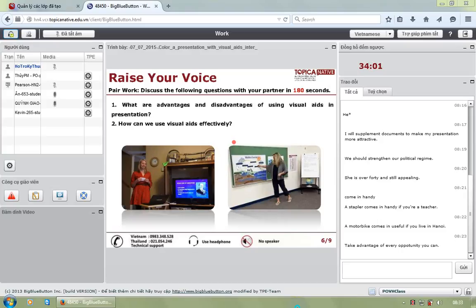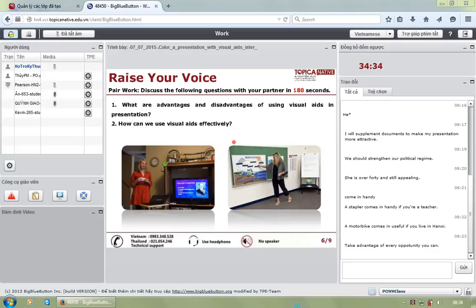And I think using visual aids helps us learn by heart and understand, and makes it easy to remember the lecture or the content of the conference.